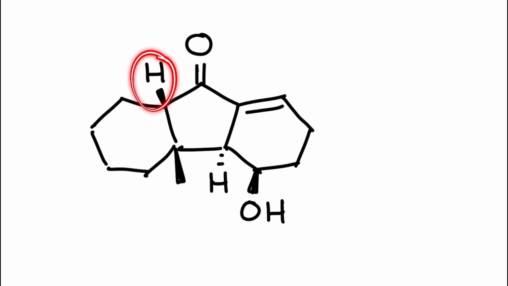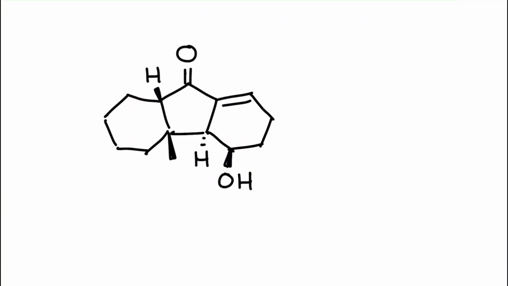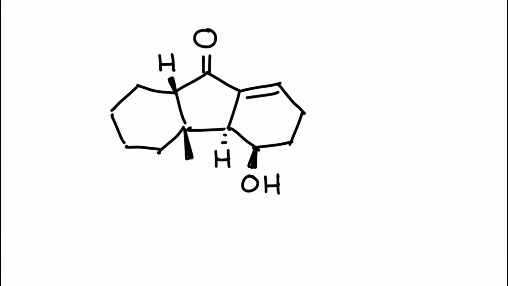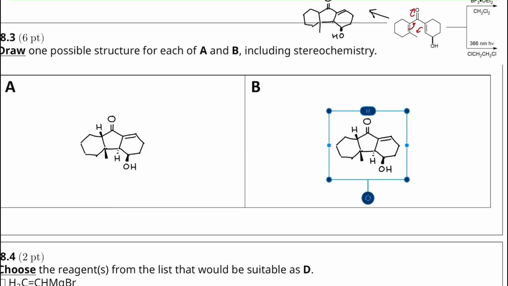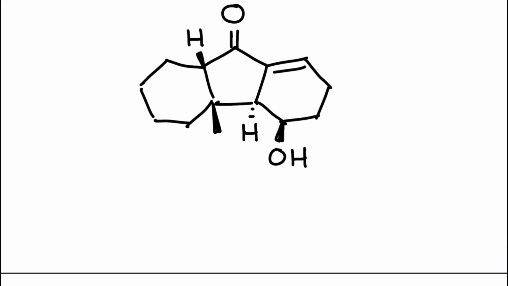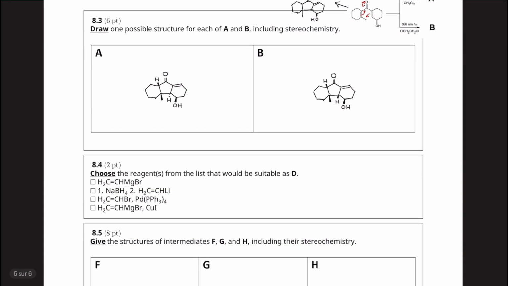You can draw a wedge or a dash right there, it doesn't matter. But what matters is these two substituents. I think this one is more of a wedge, because it is on the same face as each other. And then B, you have this disrotatory, so it's going to be the same stereochemistry, so we're going to change it into a wedge right there. Easy peasy.